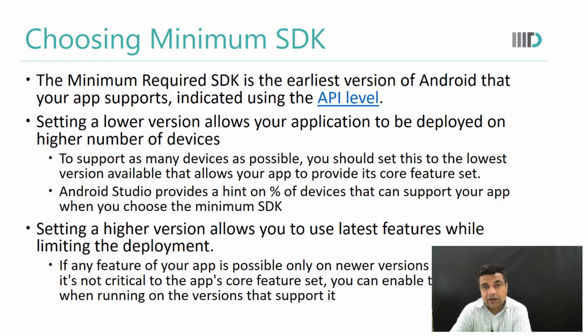So, if you want to use the latest feature, choose a higher version. If you want to deploy your application on a large number of devices, choose a lower number. This is a trade-off which you decide depending on your application and your target audience.